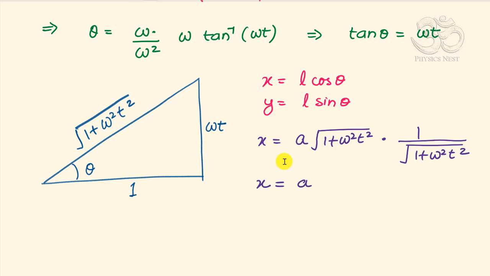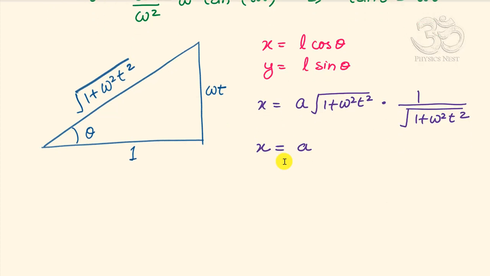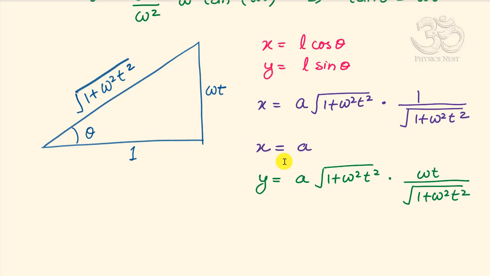And y will be L, which is a root of 1 plus omega square t square times sine of theta, which is omega t divided by root of 1 plus omega square t square, which is a omega t. So this helps us to understand that the x coordinate of the object is always a constant of this bead B. So the x coordinate of bead B is a constant, while the y coordinate increases linearly with time.